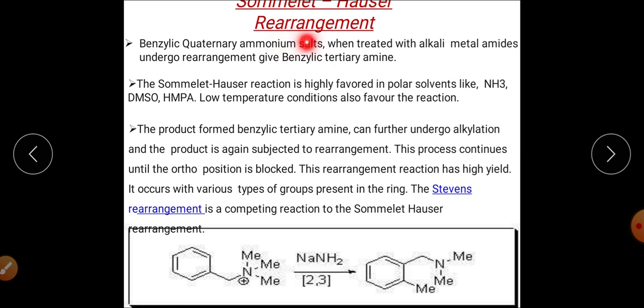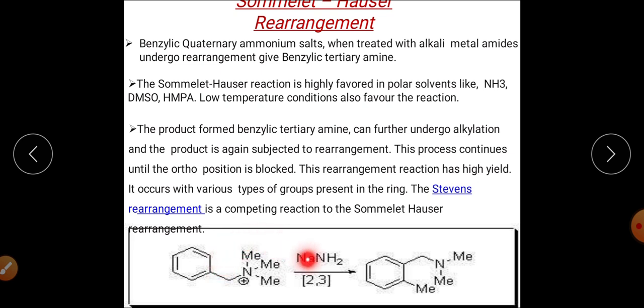So what is this particular Sommelet-Hauser rearrangement reaction? Basically, this rearrangement reaction happens in the case of benzylic quaternary ammonium salts. So this is an example of the substrate that we can take in the case of the Sommelet-Hauser rearrangement.